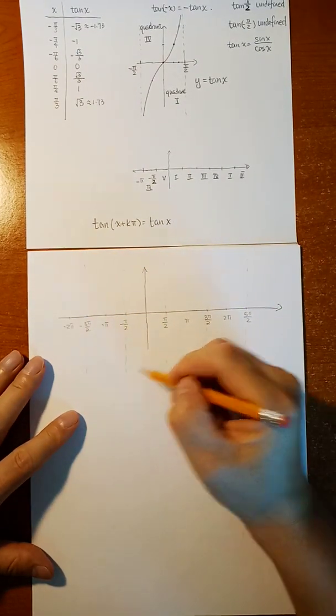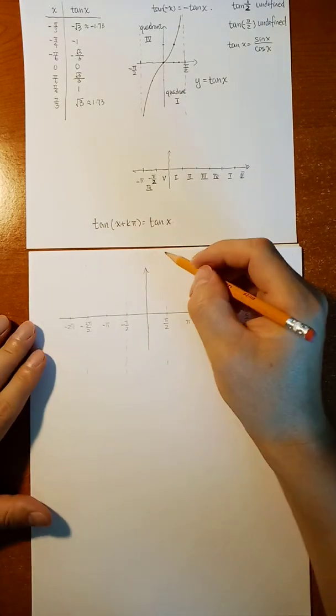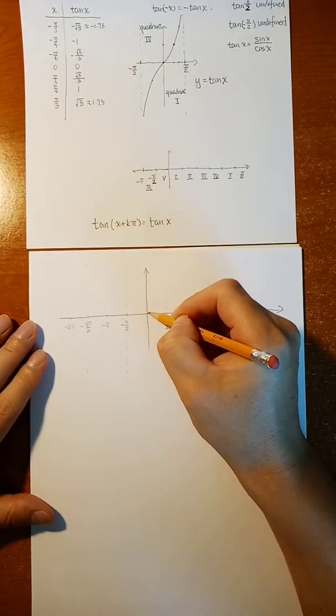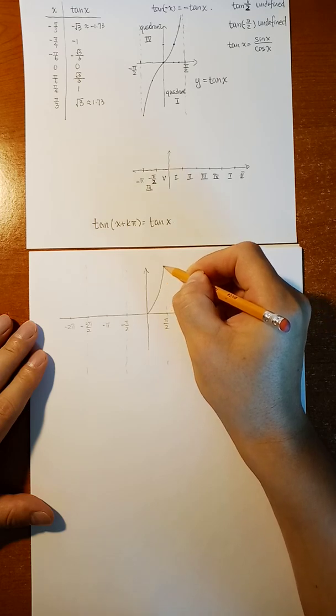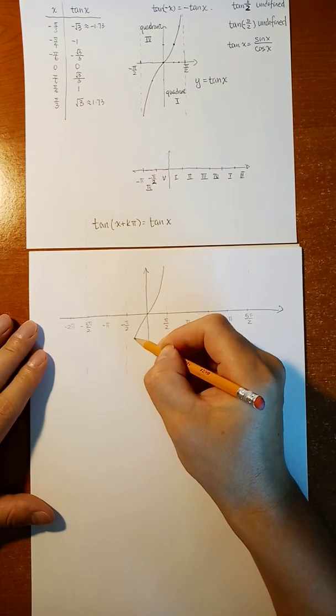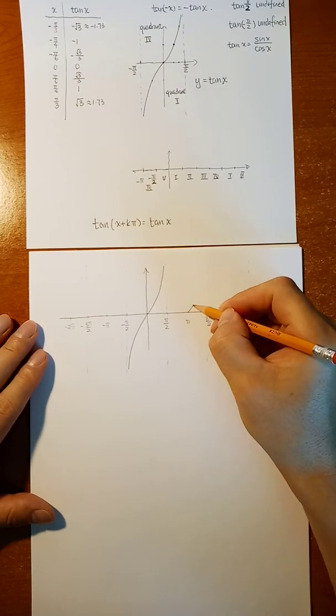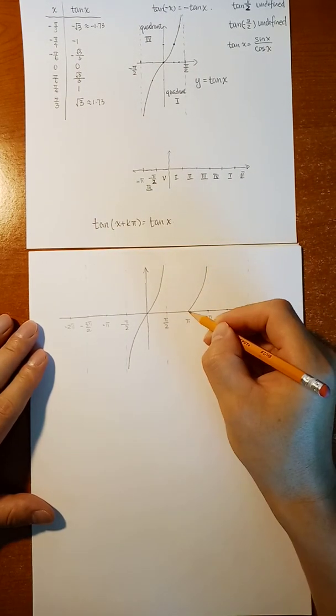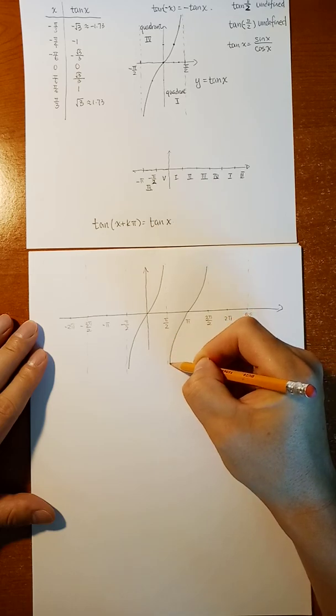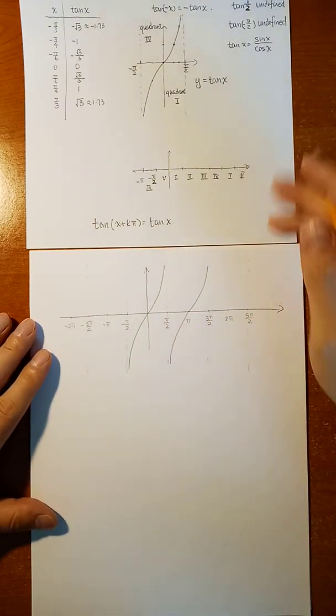Okay, and over each region, you get one infinite curve. To the right, it approaches positive infinity.